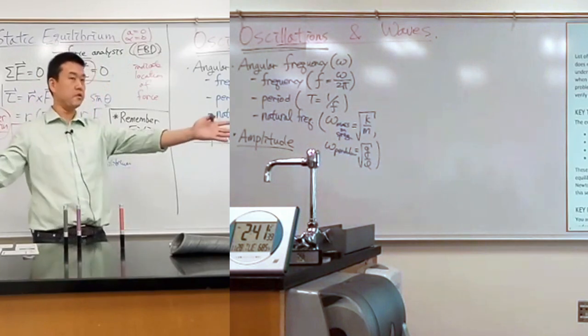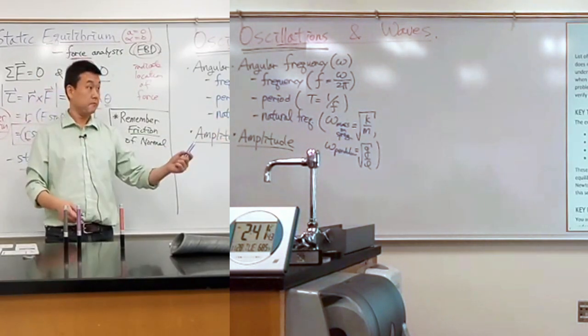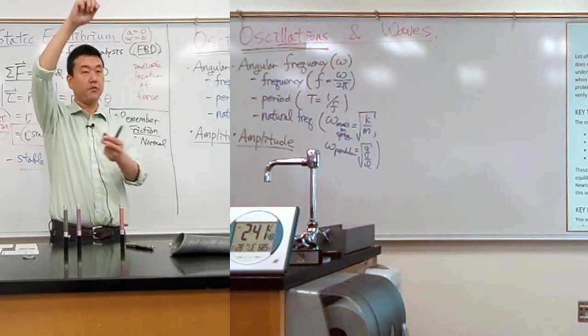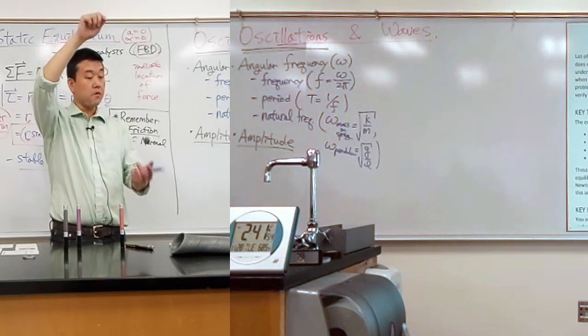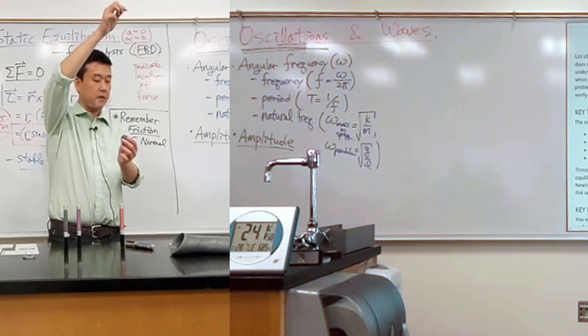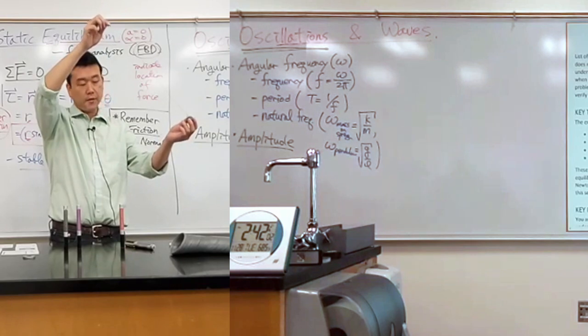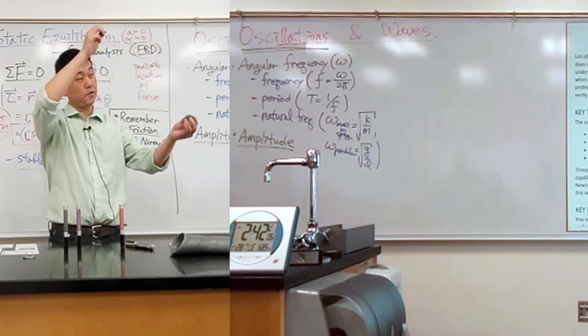Everyone here knows the definition of amplitude, right? How much it's being displaced. What other physical quantities can you relate amplitude to other than displacement? With the pendulum, you see that as it swings, its height changes, right? So that will relate to a particular physical quantity, because it's not always going to be height.